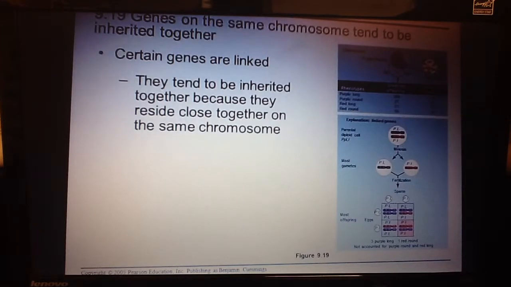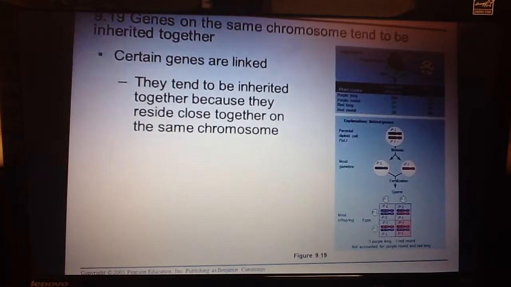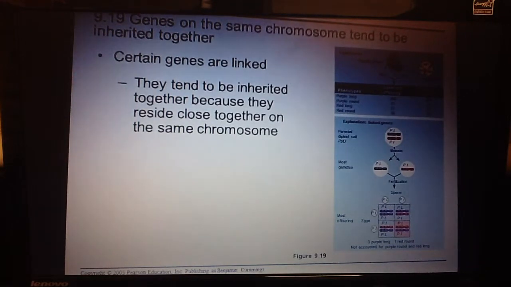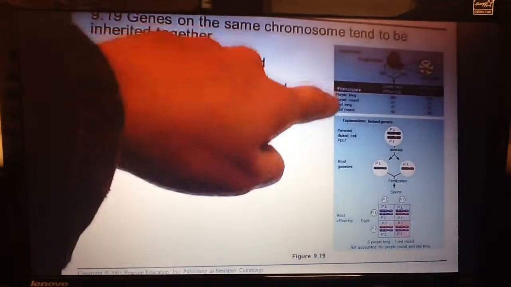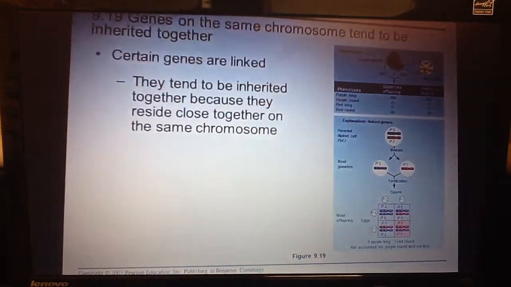Now, some genes tend to be linked together, and that means that you inherit them together. When that happens, we have a pretty good idea that they're close together on the exact same chromosome. For example, one of these is the purple and red coloration and long versus round pollen.